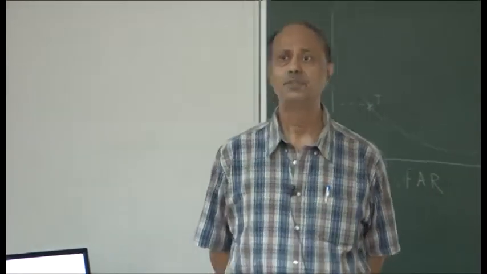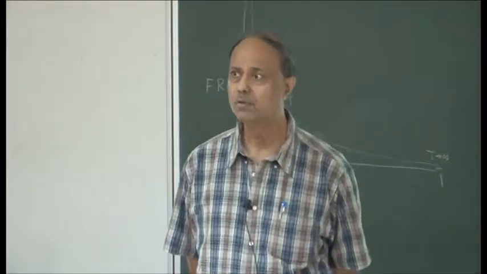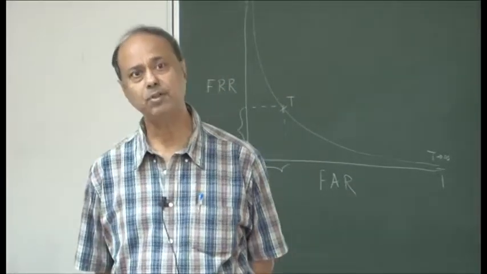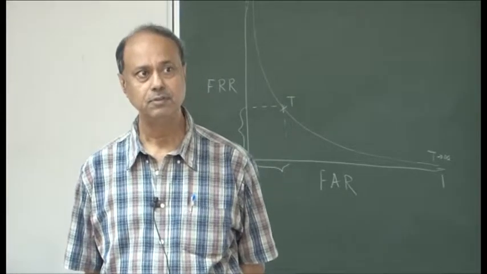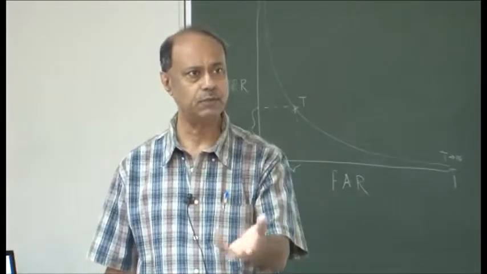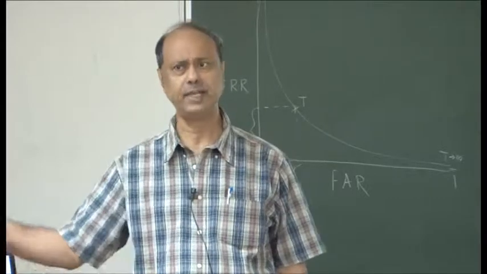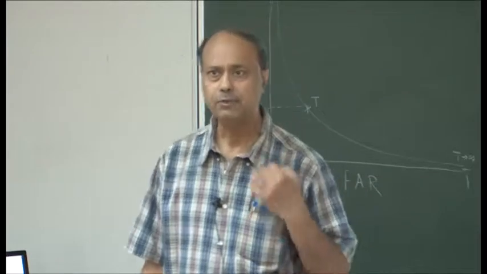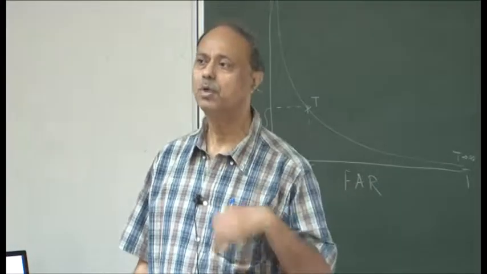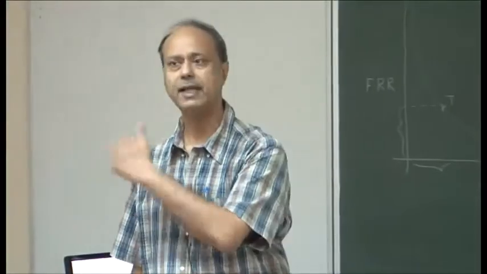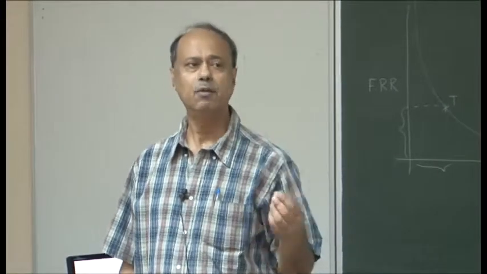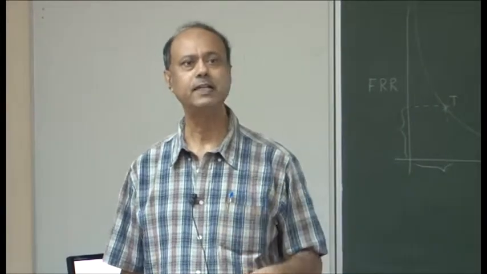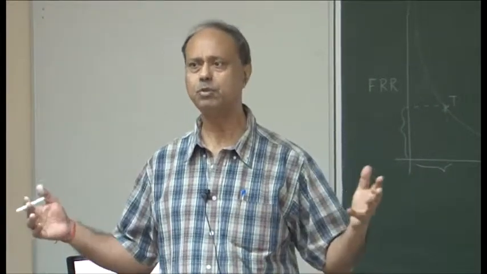For different threshold values, you first find out the false acceptance rate and false rejection rate. You have a table, and based on that you decide the threshold values. First you take threshold 0, then 0.1, 0.2, 0.3, 0.4, 0.5, like that, or you could take 0.1, 0.11, 0.12, 0.13, whatever threshold you want to decide.